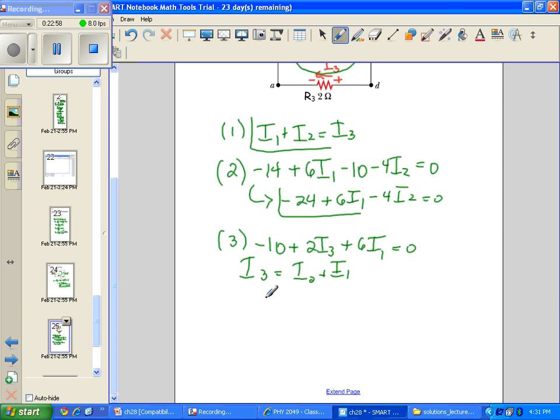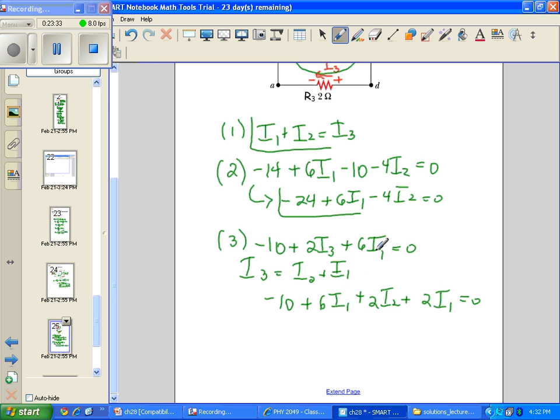So let's proceed. Minus 10 plus 6I1, I'm just rewriting my I1, plus 2I2 plus 2I1 equals 0. See, because for my I3, I distributed the 2 times I2 plus 2 times I1.